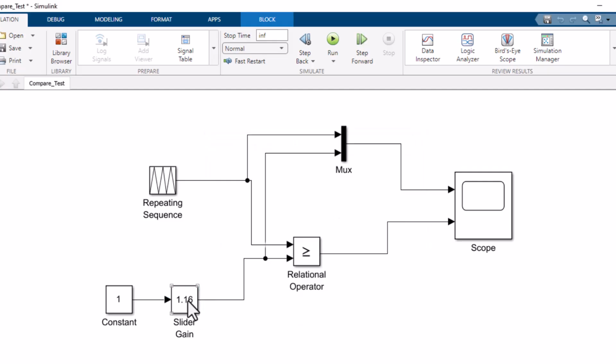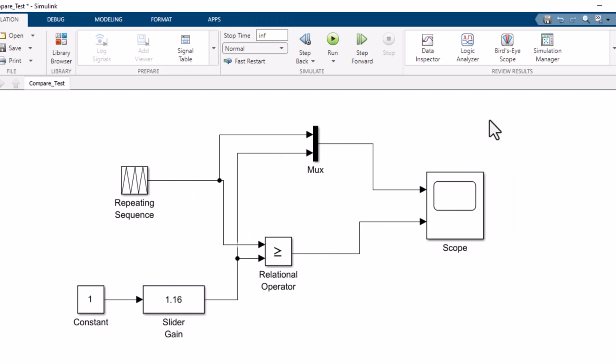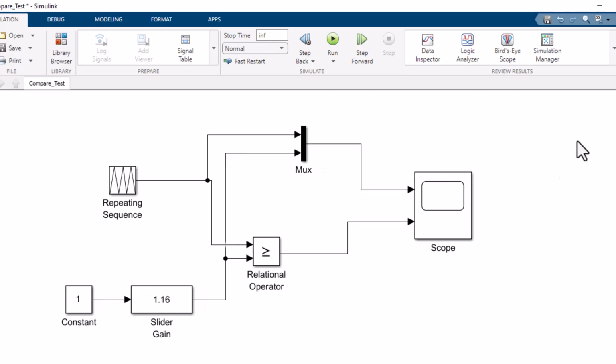To change that, I gave one slider gain block. The intersection will happen via the relational operator. To see the output properly, we use the mux operator. In the mux operator, I gave one triangle wave and the constant output, that is 1.16 as of now, because I changed it to 1.16.